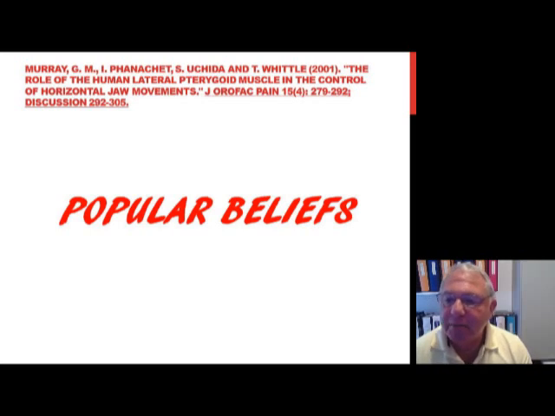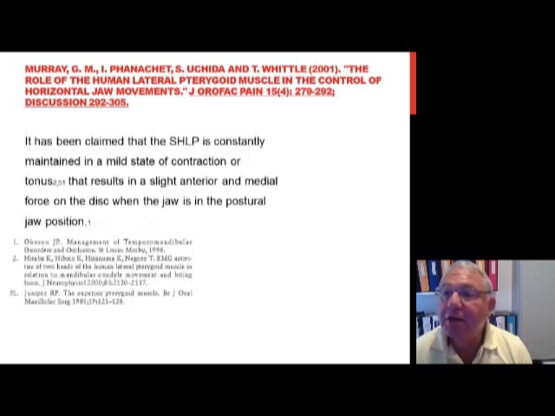Secondly, as I'm transitioning over here, Murray is mostly talking about the inferior head of the lateral pterygoid in the beginning of this, but there is a superior head component to this article and articles that are beyond 2001, which extend all the way up to 2007 in some areas.